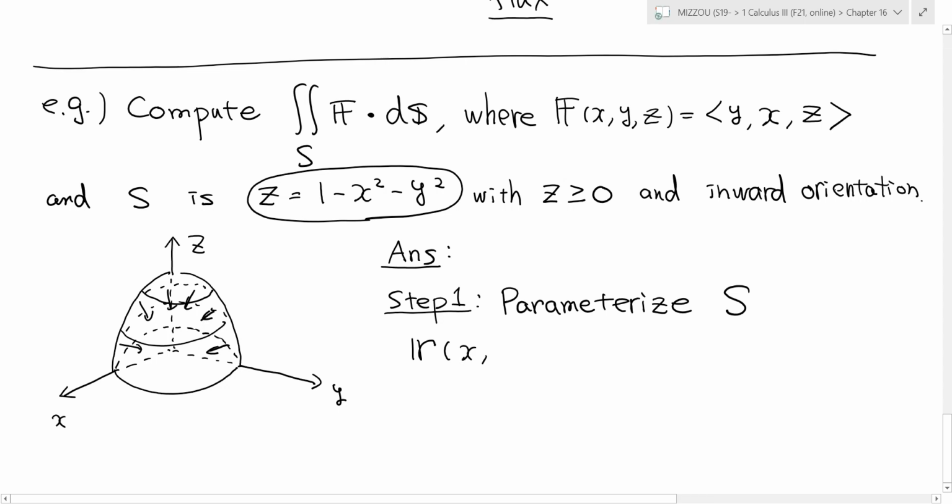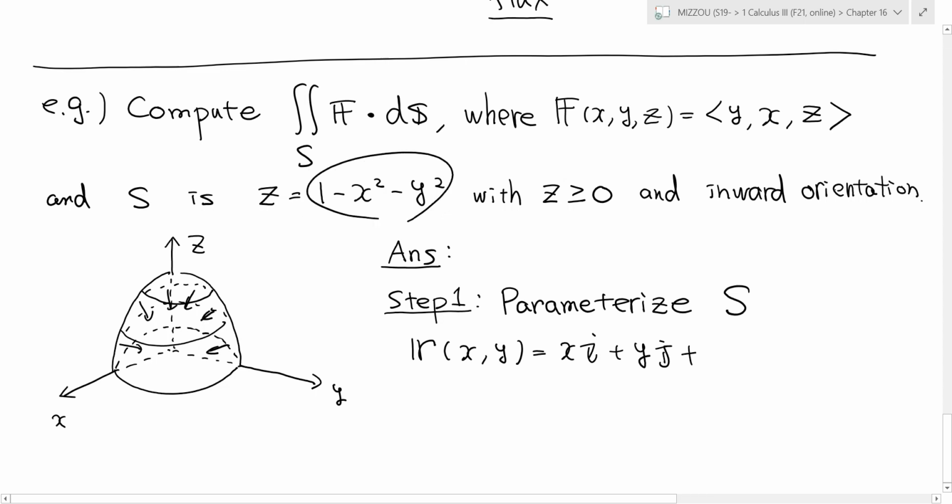So this is r of x, y: x is x, y is y, and z is 1 minus x squared minus y squared, times k. So this is the canonical way of parameterizing the surface.